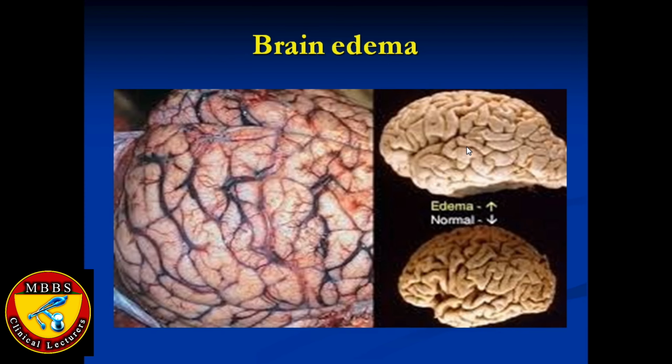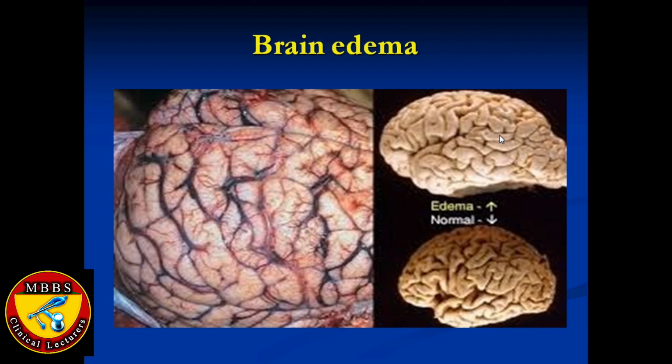The importance of brain edema is that there might be herniations, because you know that the brain is confined to a limited space within the skull. When it increases in size, the tissue will herniate from its normal confines, and these herniations can have adverse effects.